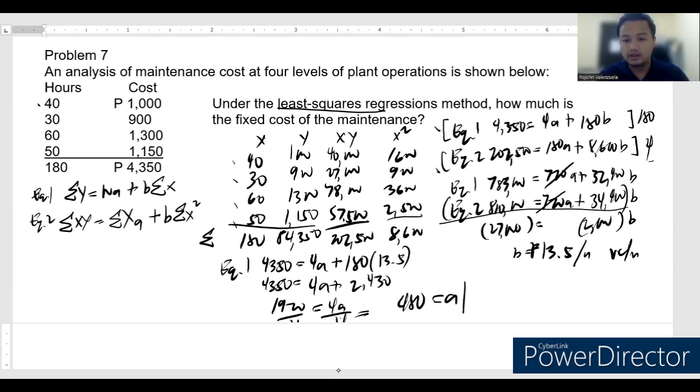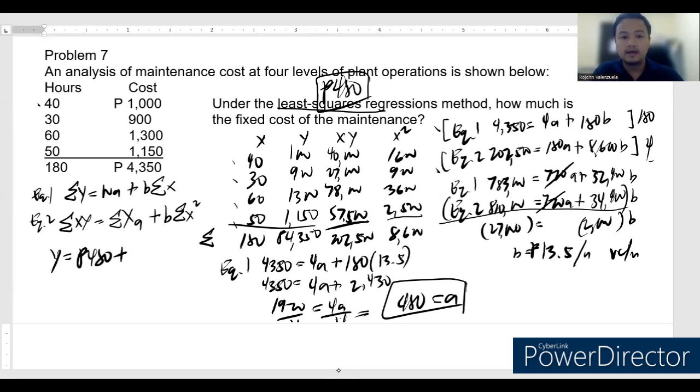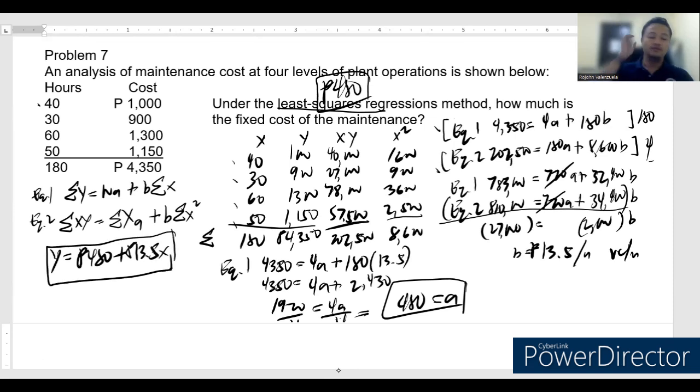This is your A. So this is your answer, 480. So your cost formula will now be like y is equal to 480 pesos plus 13.5x. So this is your cost formula using the least square regression.